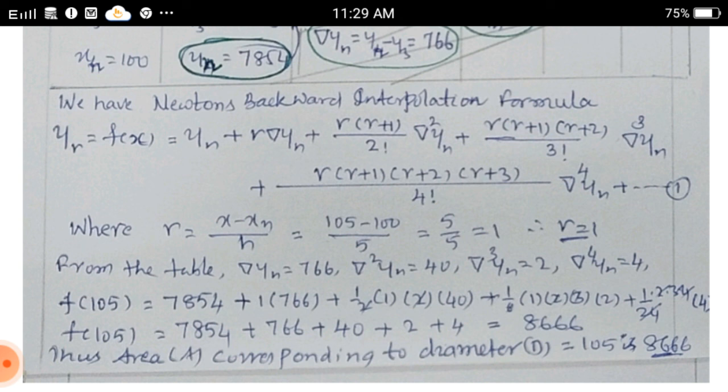You simplify all these. So we get f of 105 is equal to 7854 plus 766 plus 40 plus 2 plus 4 is equal to 8666. Thus, the area A corresponding to the diameter D is equal to 105 is 8666.